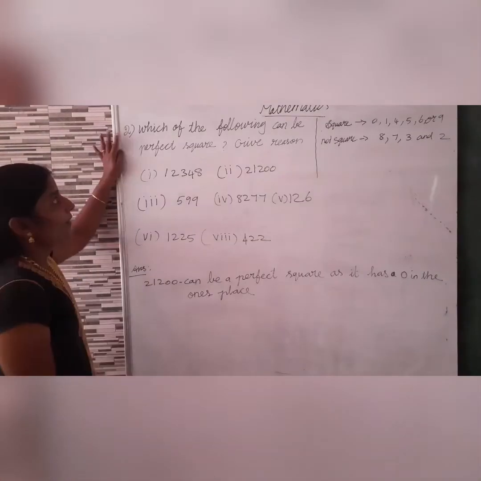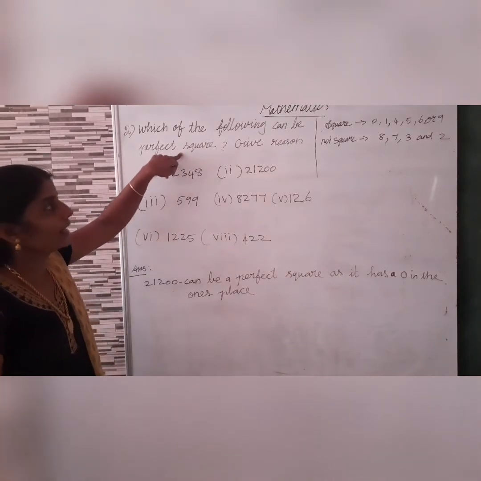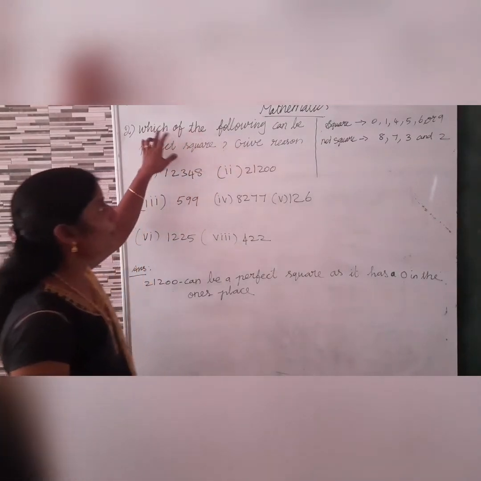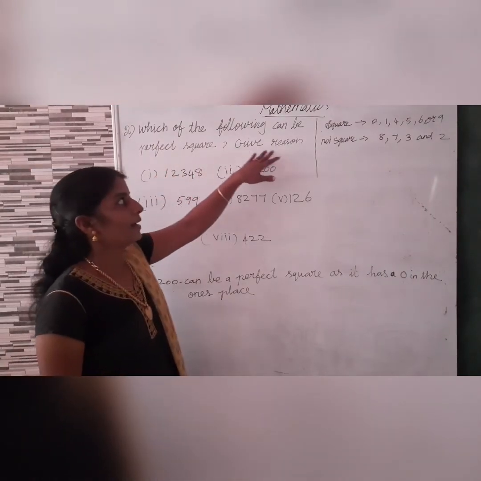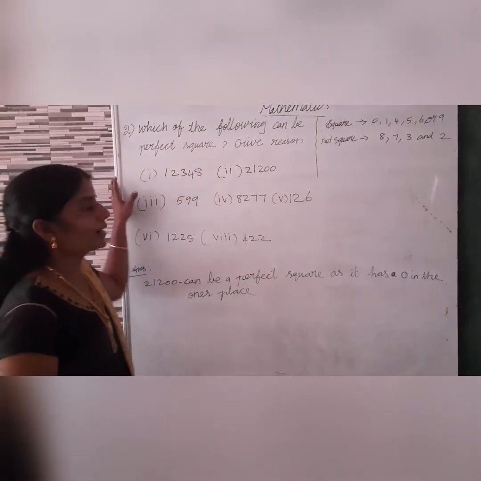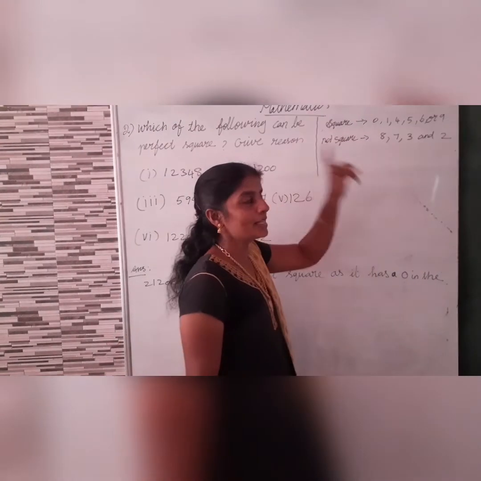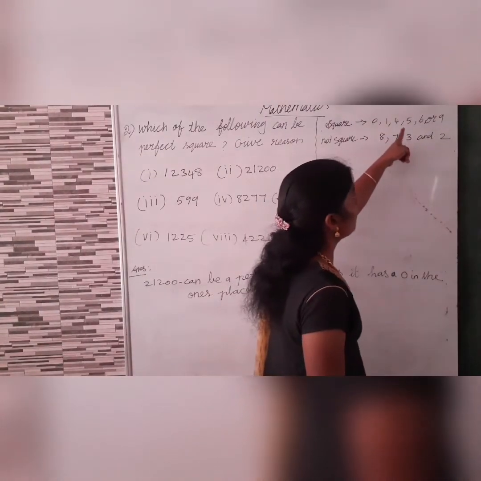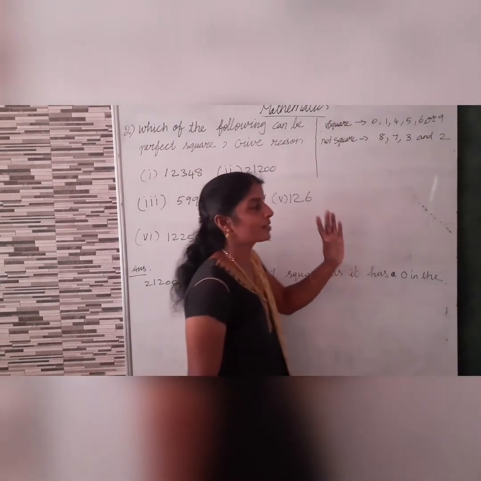Okay. Which of the following can be a perfect square? Give reason. Already we know about square numbers. If we have any square number, its ones place is 0, 1, 4, 5, 6 or 9. That is a perfect square.